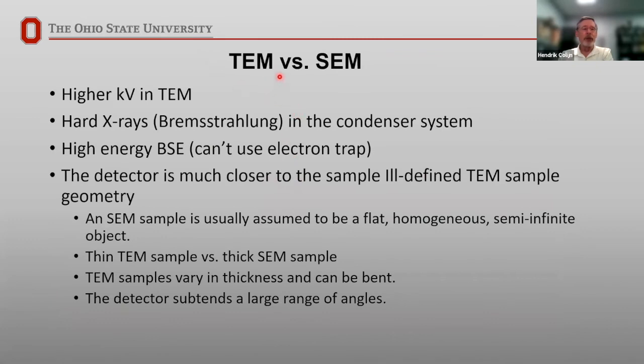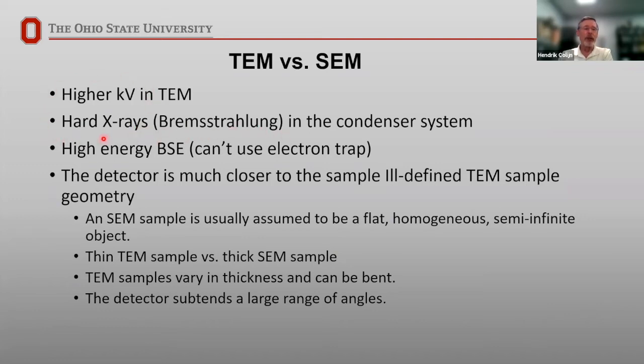So what are the major differences? Well, obviously, as we mentioned, you have the higher kV, and this obviously changes the ionization cross-section. However, anytime you have an energetic electron being decelerated, you will be generating what's known as Bremsstrahlung.